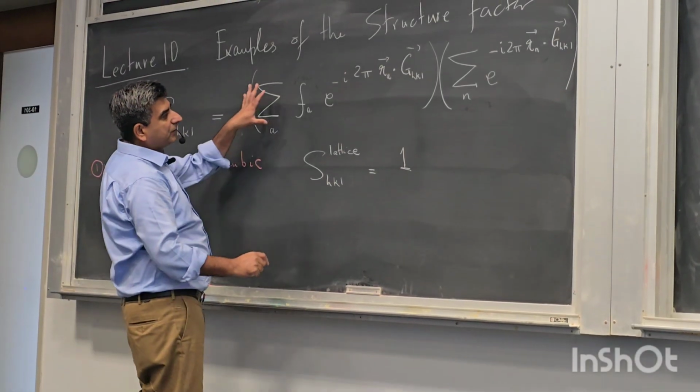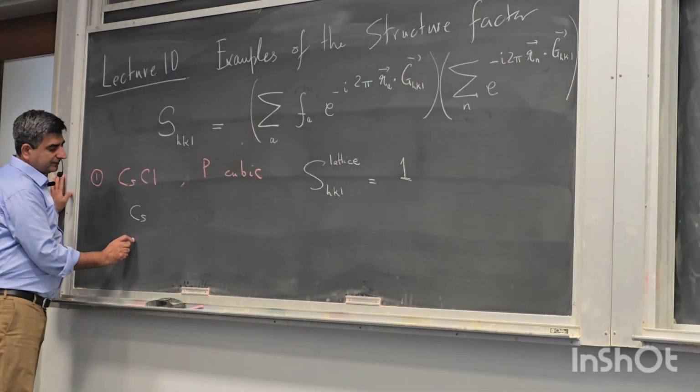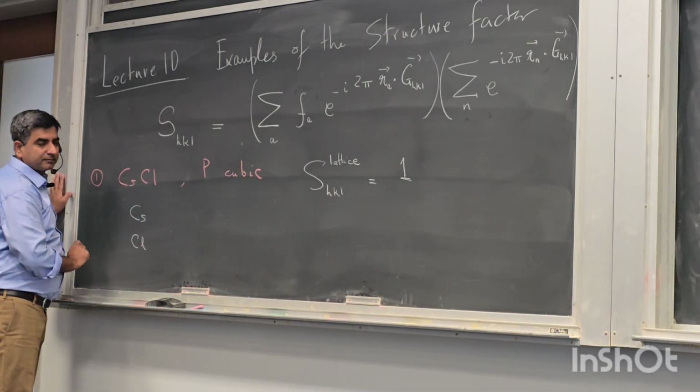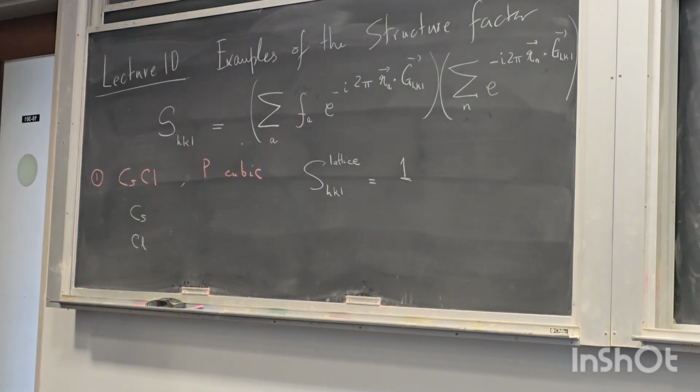And now let's look at the basis. Now the basis, what is the basis? It's a cesium atom and a chloride atom. We've looked at the structure of cesium chloride already.